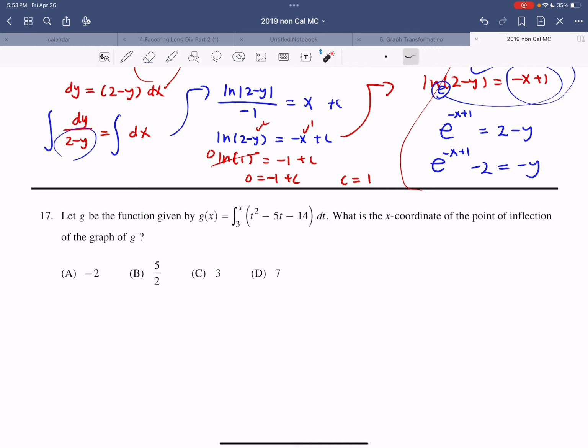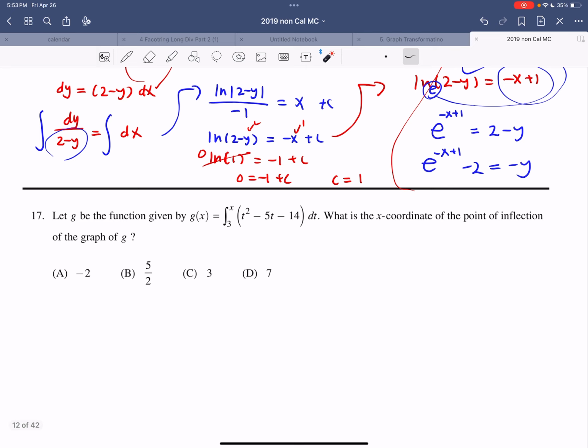If you want to derive it, so that's a function, right? So you have to derive it. Let's derive it first. Number one, g prime of x is equal to the derivative of this one. Basically it's the same thing, you just plug this one in.